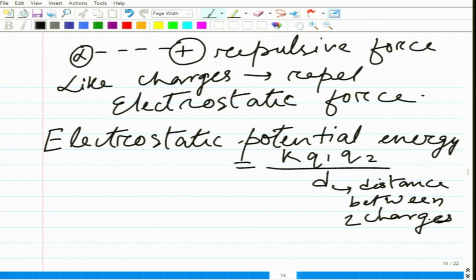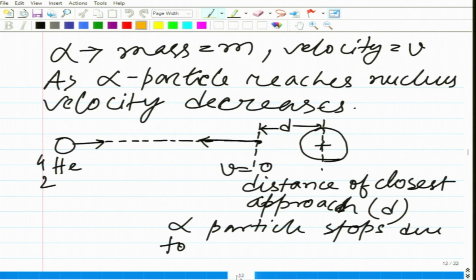So E initial is equal to E final, since energy is conserved. What was E initial? Initially when the particle was moving, it had a velocity v and kinetic energy half mv square.